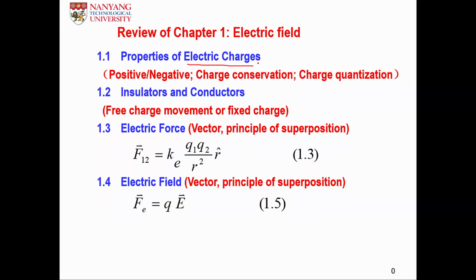Here the first property is the charge type, or the so-called charge polarity, which can only be positive or negative. The second property is the so-called charge conservation, meaning the total amount of charge carried by any object, if it's considered as a closed system, is always conserved, meaning it's fixed.